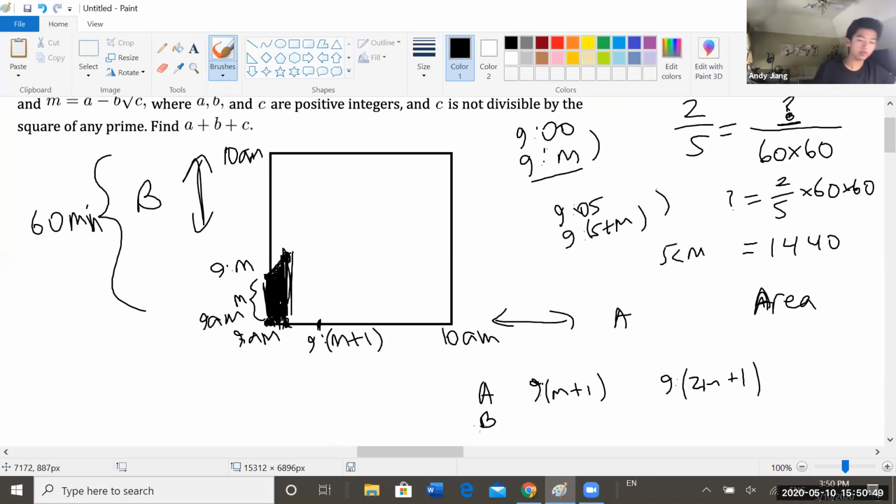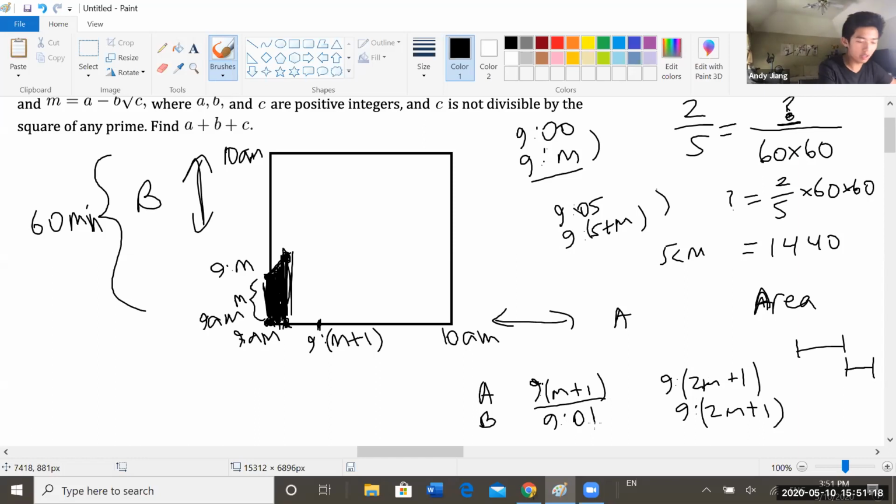Person B has to either arrive between these two times, or they have to go at most M minutes before person A's arrival, so they intersect like that. So person B could either come at the latest 2M plus 1, or at the earliest, they can come at 9:01, right?